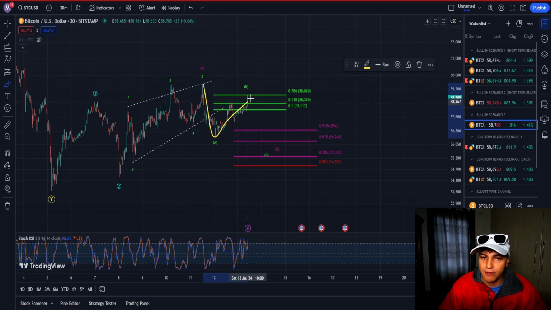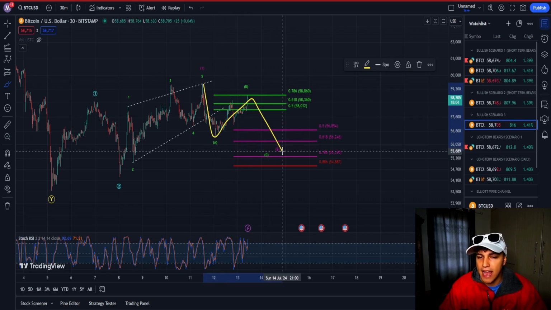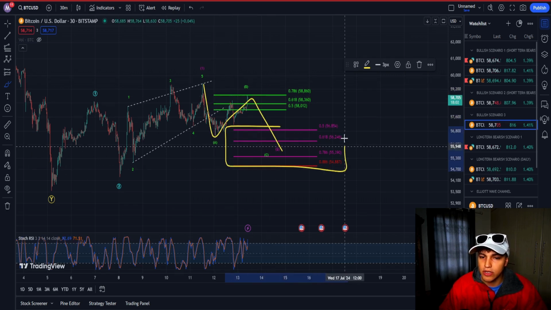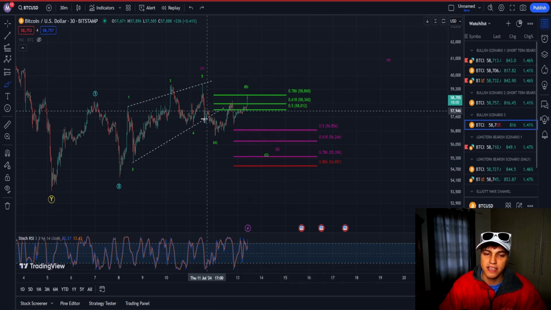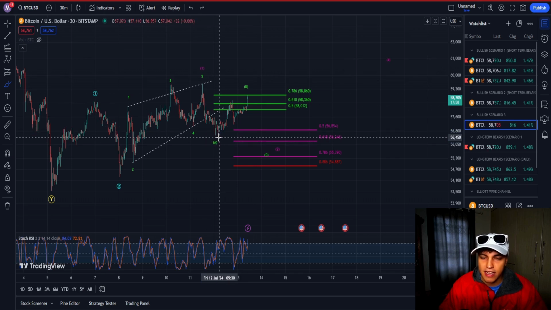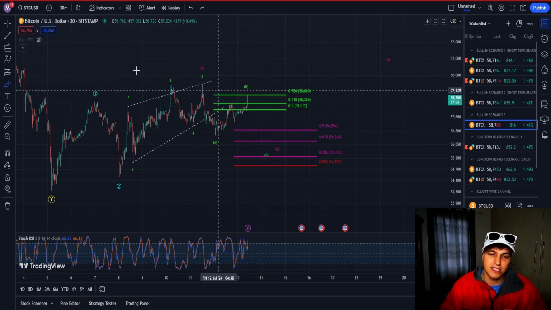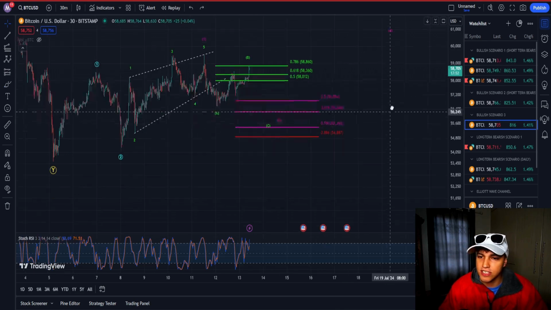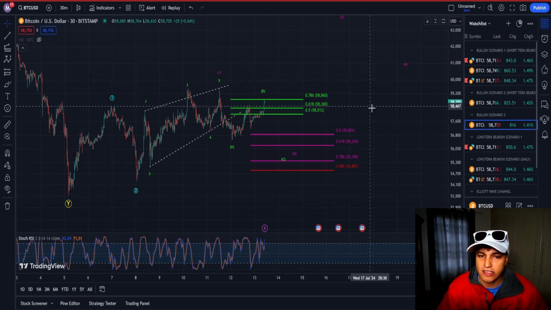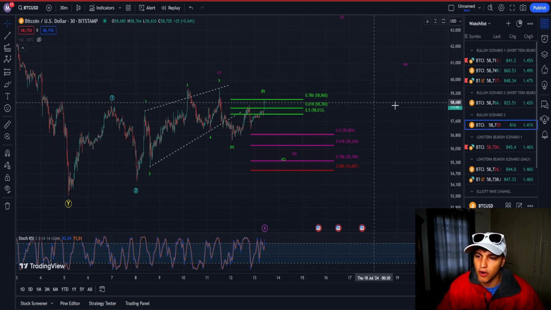An A wave down, B wave up, and then a C wave down into this target box here. It's possible that this is done, and this is a 1-2-1-2 off to the races. But I don't think this is probable, as I do see this as the lowest probability scenario at the moment.